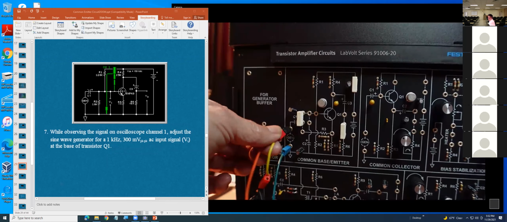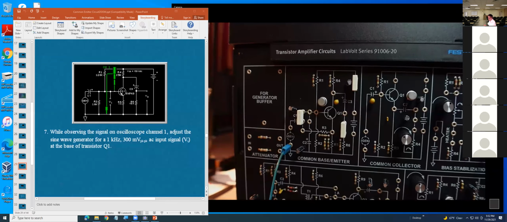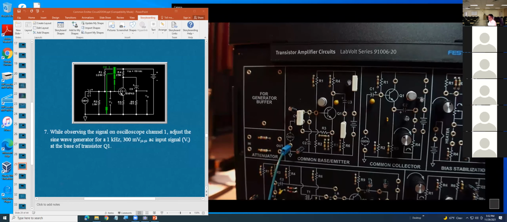Now you're looking into the circuit board. You can see in here what they call an attenuator. See that? That means a voltage divider.